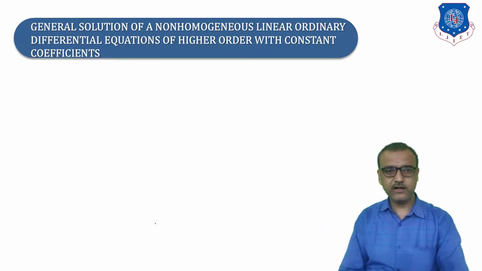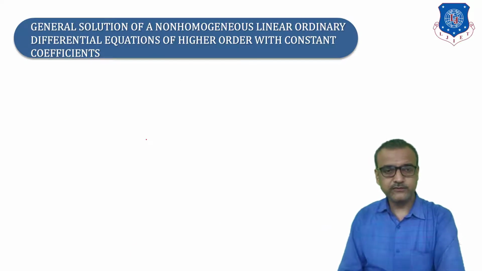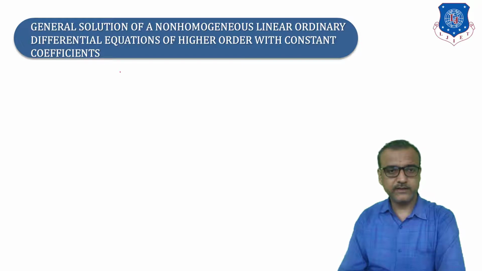Now we will see how to solve a differential equation of this form. So that is the name of the topic: general solution of a non-homogeneous linear ordinary differential equation of higher order with constant coefficients.